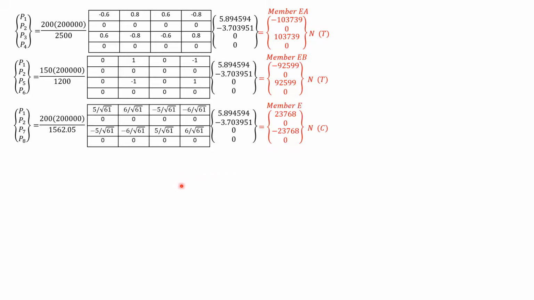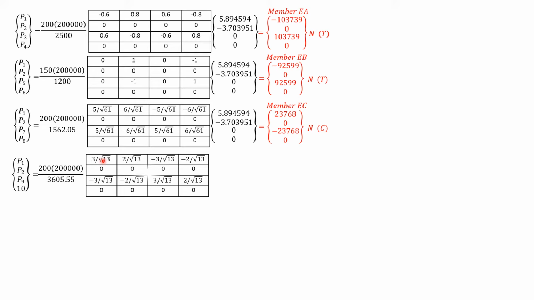And lastly, member 4, P1, P2, P9, P10, or member ED, area 200,000 over its length. Then the cosine of member 4 is positive 3 over square root of 13. The sine is 2 over square root of 13.